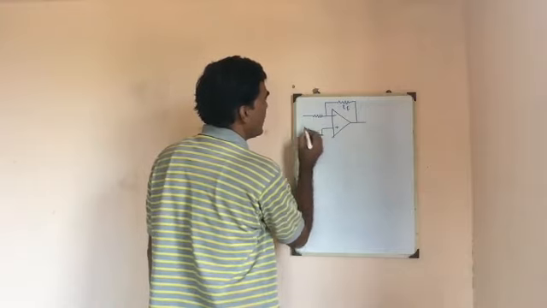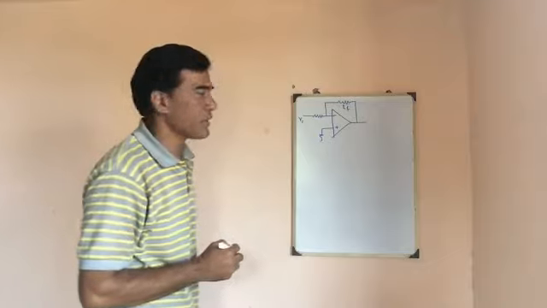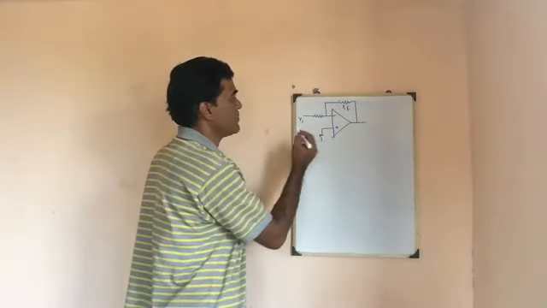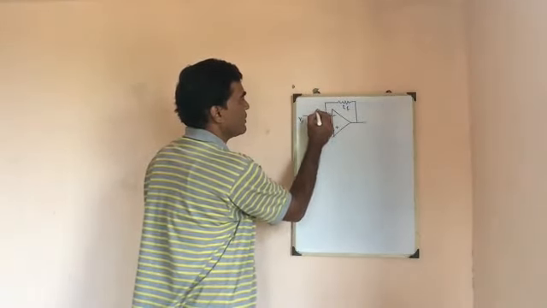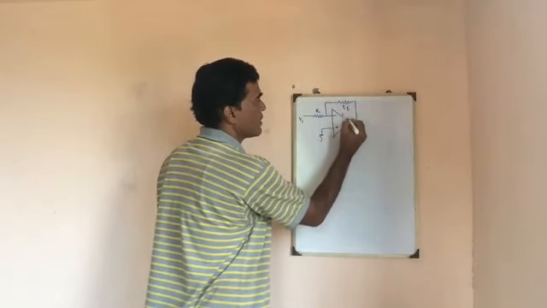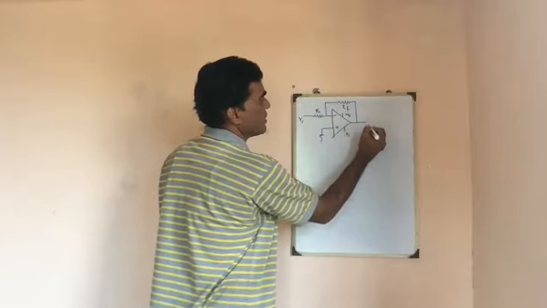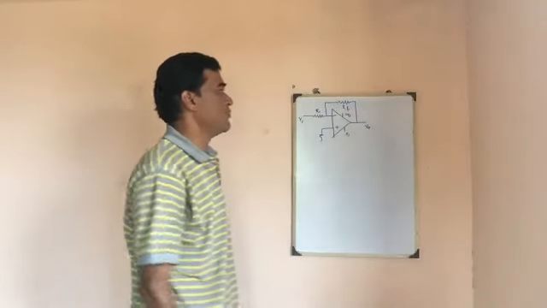The non-inverting terminal is grounded. Let us say the input to the inverting amplifier is V1 through the resistance R1. Supply voltages are plus Vs and minus Vs, and the output voltage is V0.